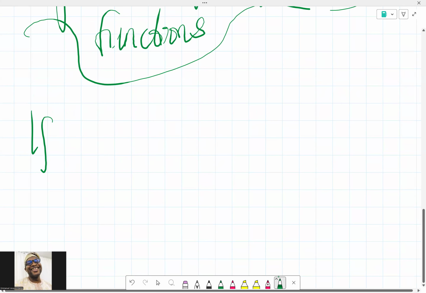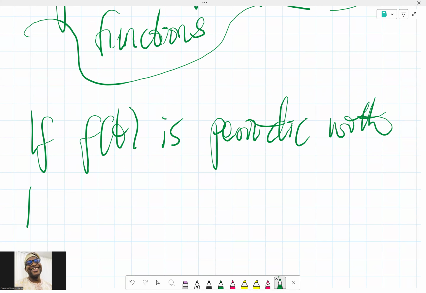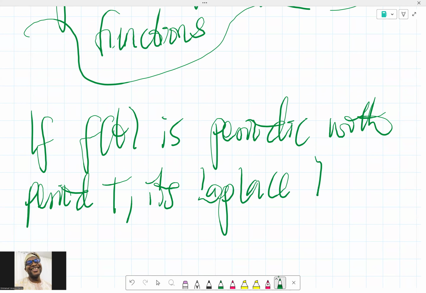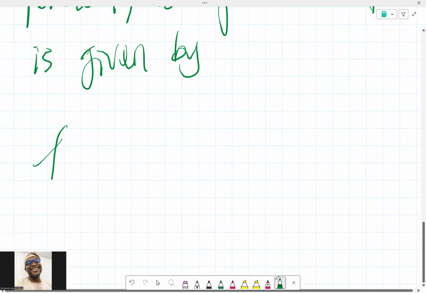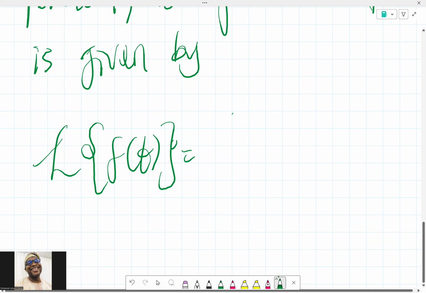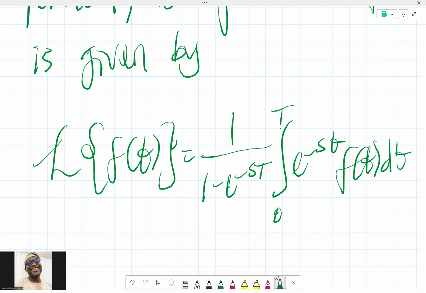If f of t is periodic with period T, its Laplace transform is given by the Laplace of f of t, which is 1 over 1 minus e raised to power minus sT, times the integral from 0 to T of e raised to power minus st f of t dt. So this is the usual thing we should have, but because of the very nature of periodic functions, we have this expression outside, in addition to the regular thing we know.